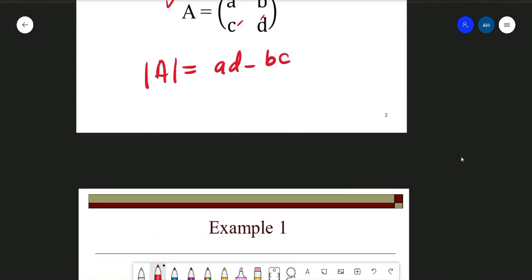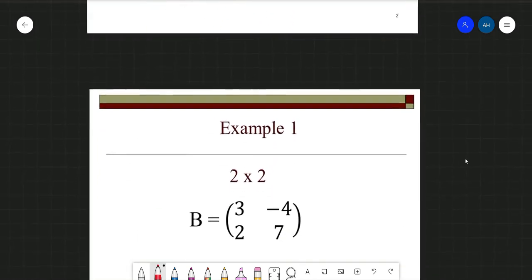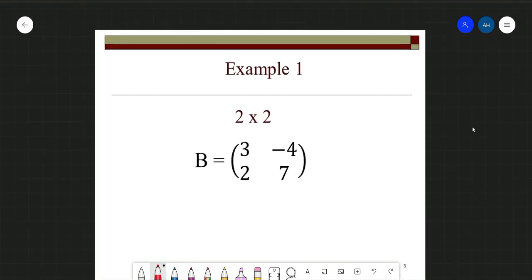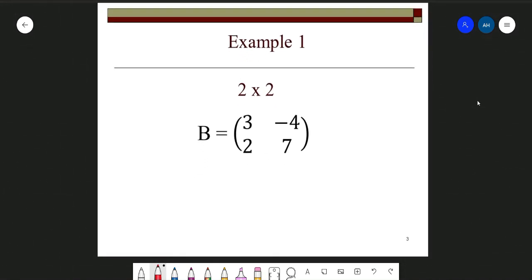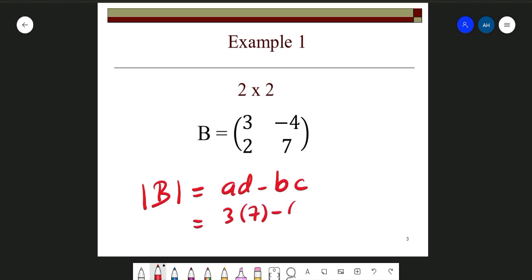Now, example number 1, maybe we can explain a little bit more about the formula. So 2 by 2 matrix also here. We would like to find the determinant of matrix B. Therefore, the determinant of B equals ad minus bc. The value for a in this matrix is 3, multiplied by d, which is 7, minus b, which is negative 4, and c is equal to 2.